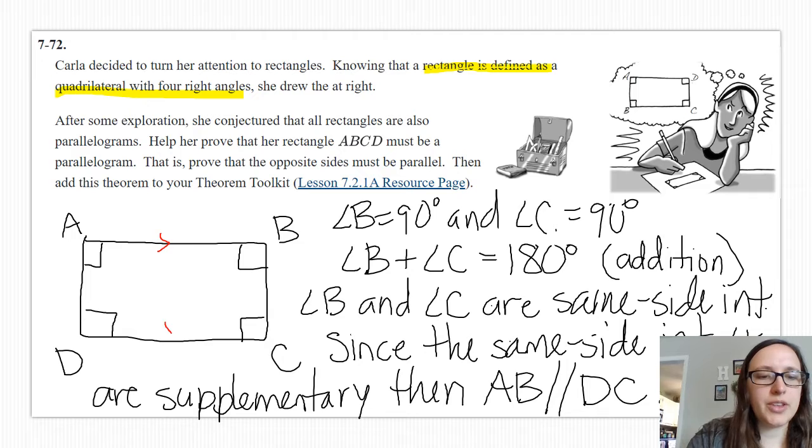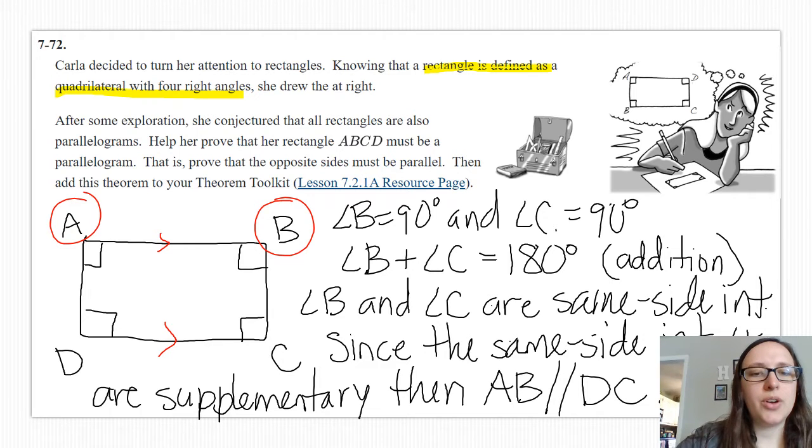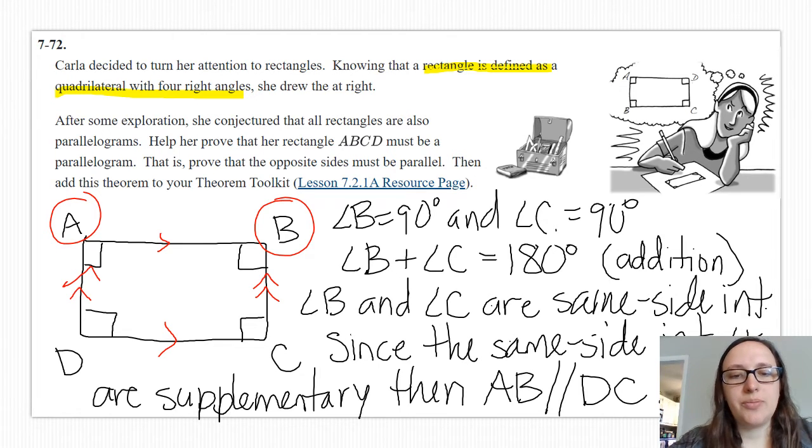All right, so then we know that AB is parallel to DC, and then the same thing, angle A and angle B would also be same side interior that add up to 180. We also know that AD is parallel to BC with that same reasoning. All right, so a rectangle is a parallelogram, which means opposite sides are congruent, diagonals are congruent, and diagonals bisect each other.